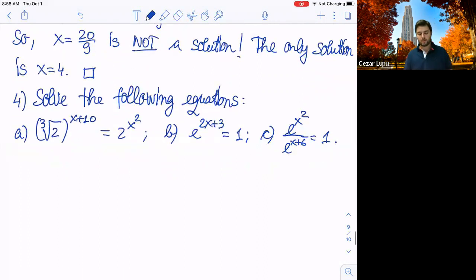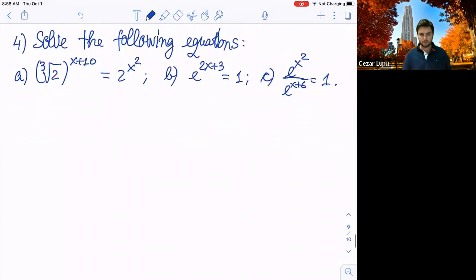All right, so let's look at these three equations. They look a bit, I would say, in an unpleasant way, but well, not the second one though. The second one actually looks very nice.